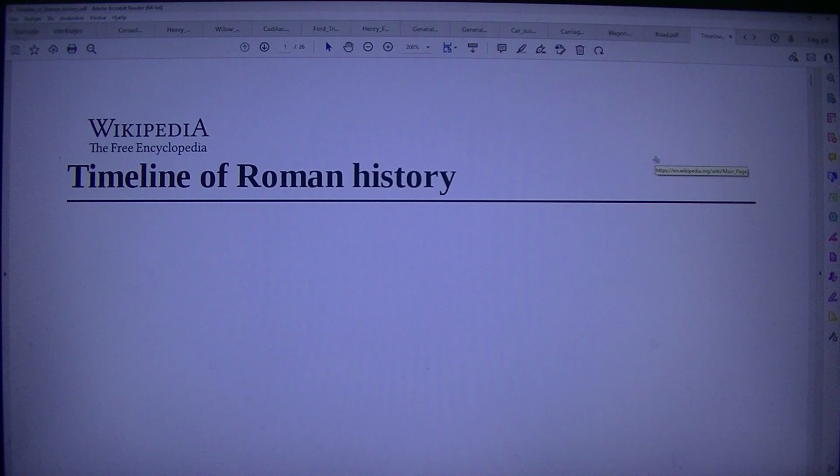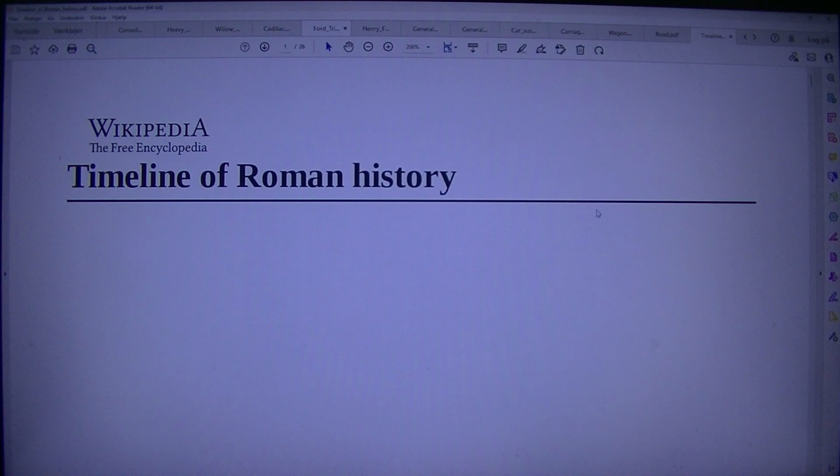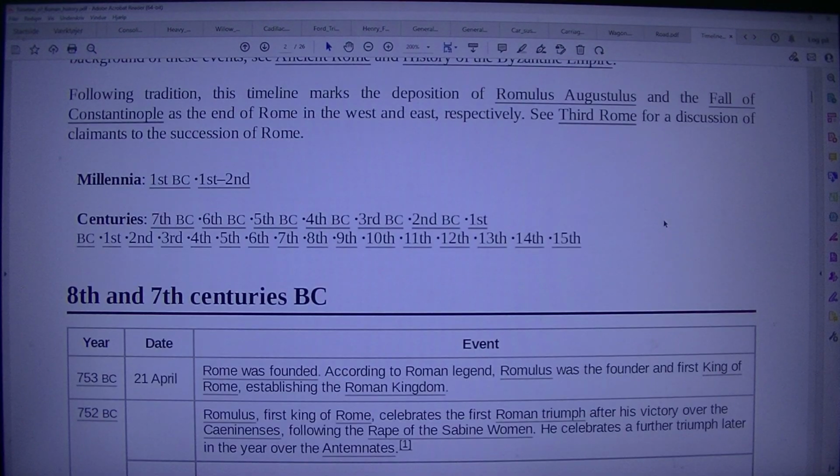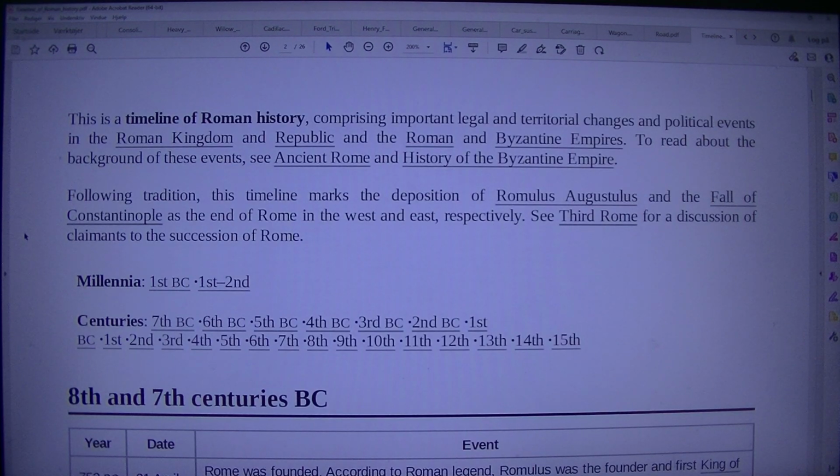So let's read this. Timeline of Roman history. This is a timeline of Roman history, comprising important legal and territorial changes and political events in the Roman Kingdom and Republic and the Roman and Byzantine empires.